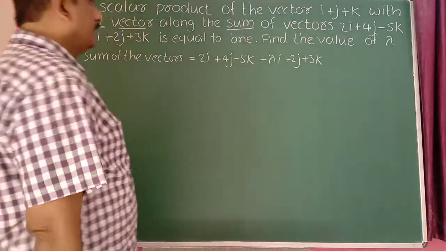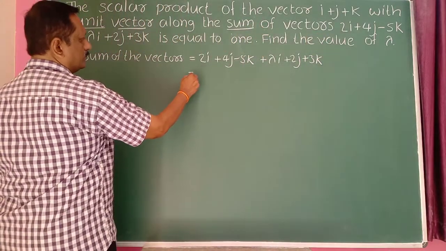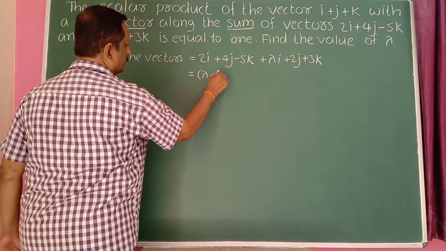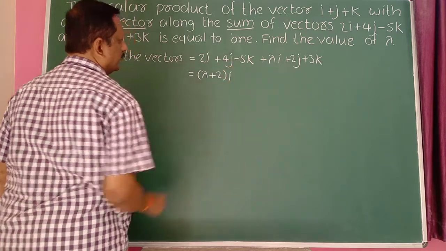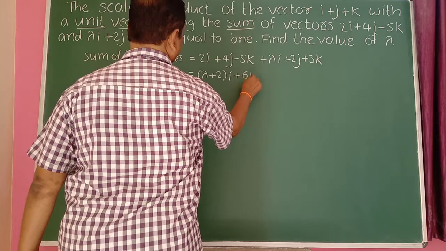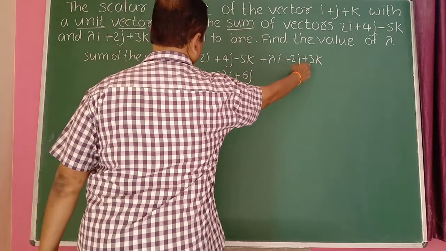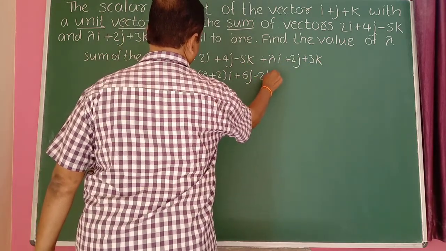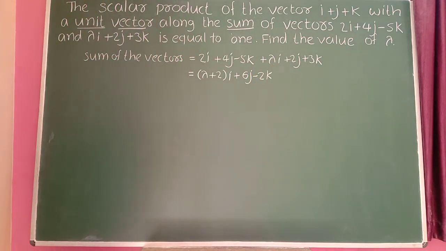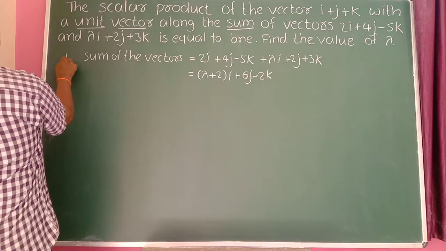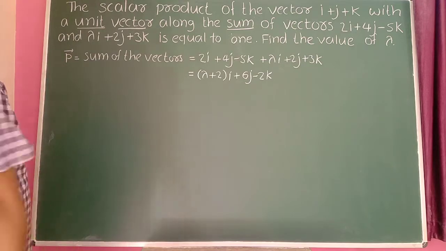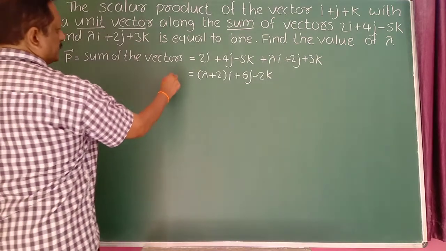Here, taking i as a common factor, we get lambda plus 2 in the bracket, then 4j plus 2j becomes 6j, and minus 5k plus 3k is minus 2k. Consider this vector as p bar, the sum of the vectors.